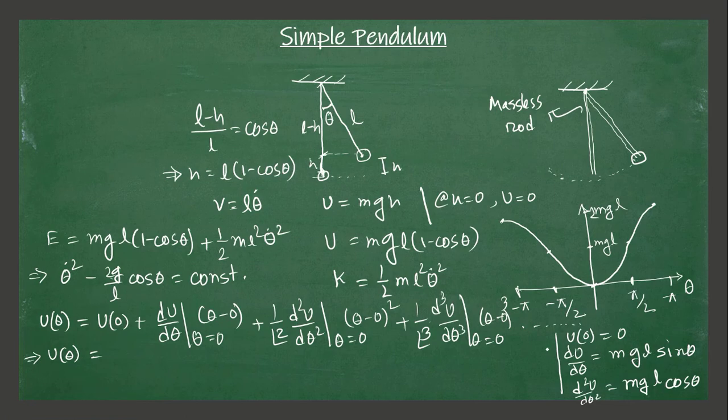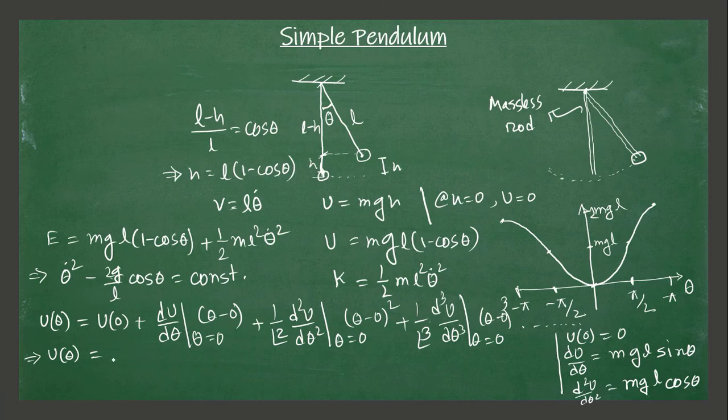So these two terms are 0. For this term, if we put theta equals 0 here, cosine of 0 returns 1, so it will be equal to mgl.